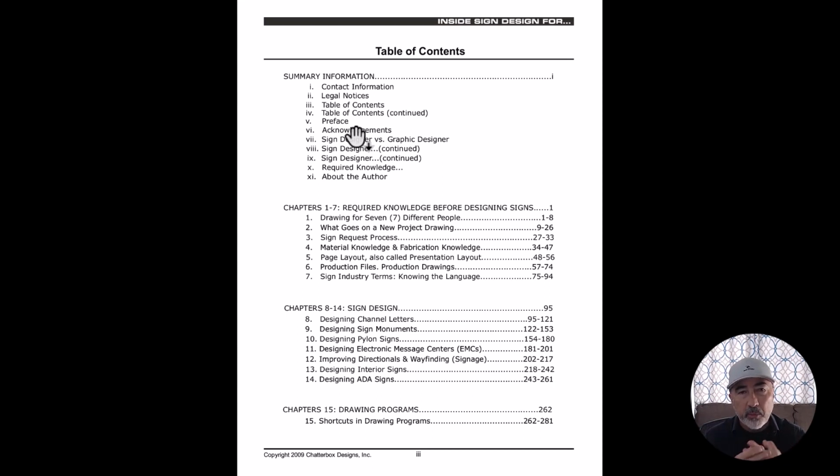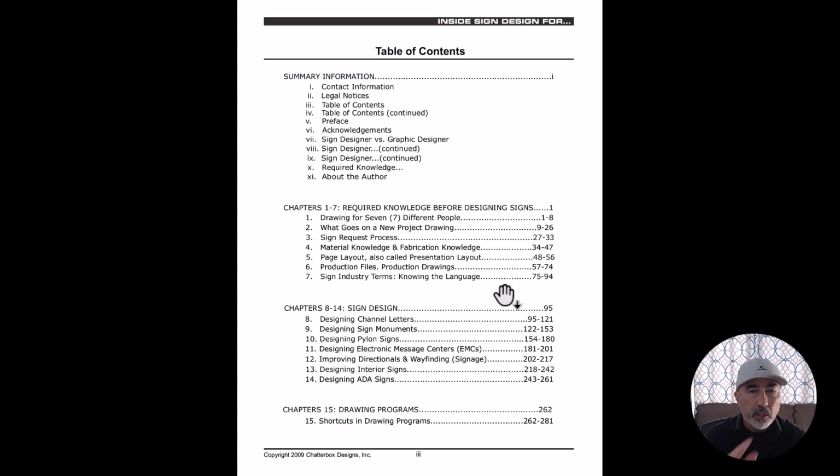But the main 3 people for a graphic designer is the boss, the customer, and the public. In sign design, there's almost a minimum of 7 people involved, whether it's non-illuminated or illuminated. And when it's non-illuminated and it has no permits, that number 7 will go down to like 5. It might even go down to 4, but it's a sliding number.